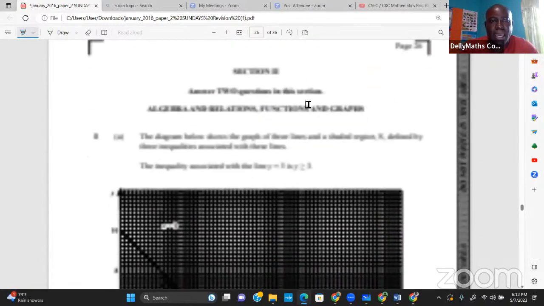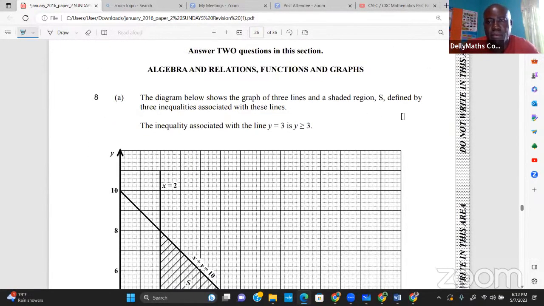All right. We're at number 8. We're traveling. As you could see, we're moving. Number 8. What does number 8 say? Number 8 says here, the diagram below shows the graph of 3 lines and a shaded region S defined by the 3 inequalities associated with the lines.